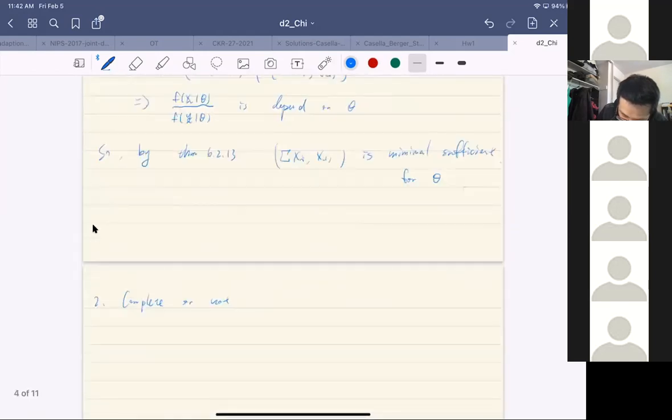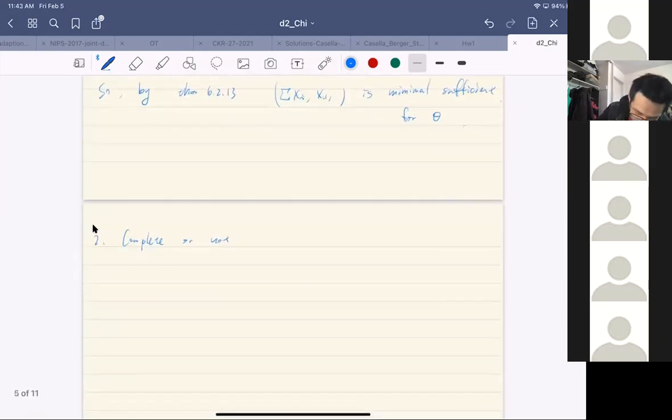So the way to do that is you find a non-trivial ancillary statistic.